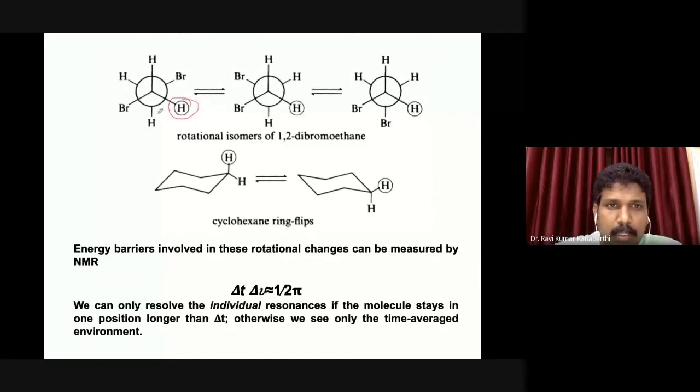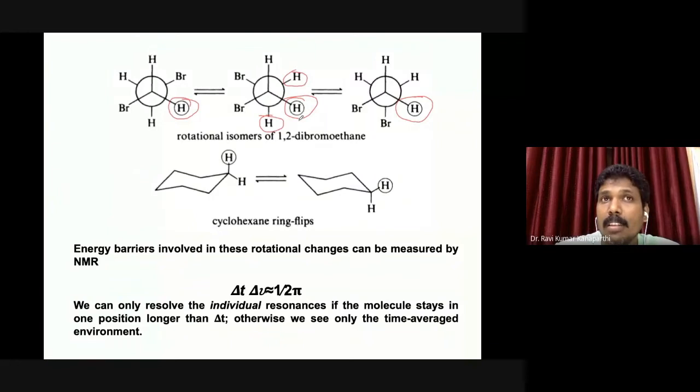Here it is present between the bromine and hydrogen, but in another conformation it is present between a hydrogen and a hydrogen, and in the other conformation it is again present between these. So, depending upon the conformer, the proton which we have labeled is chemically the same, but it is present in different magnetic fields.